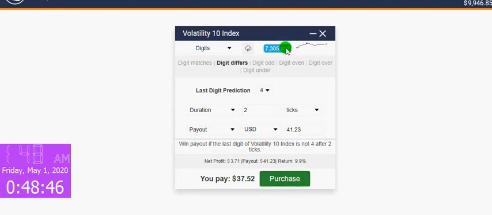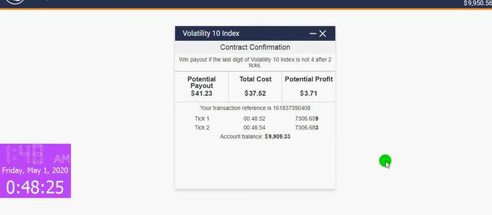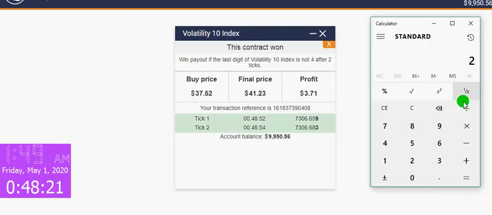Once you see 7, we'll click on purchase. That's 7, 6, 8. So as you can see, we won that trade, so we'll go for the third trade.